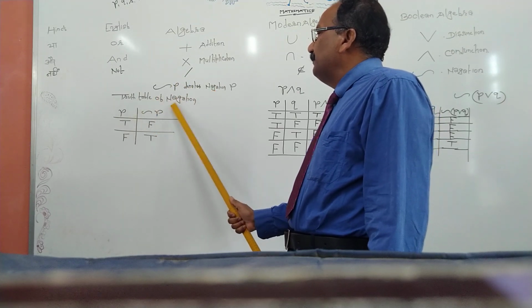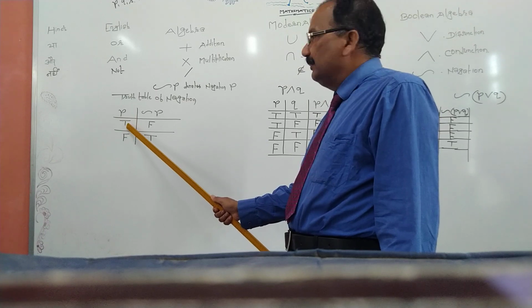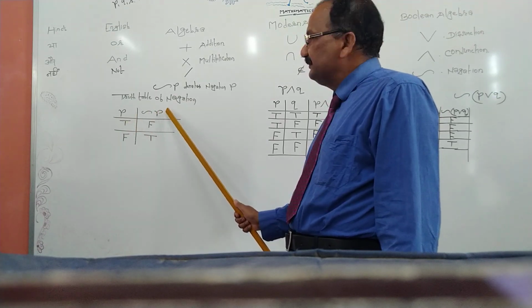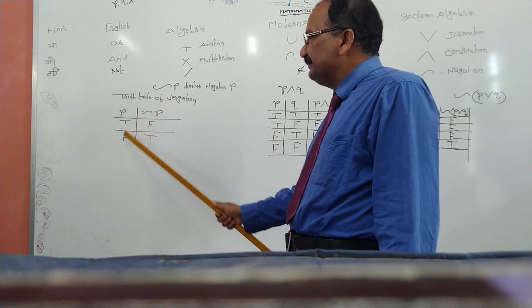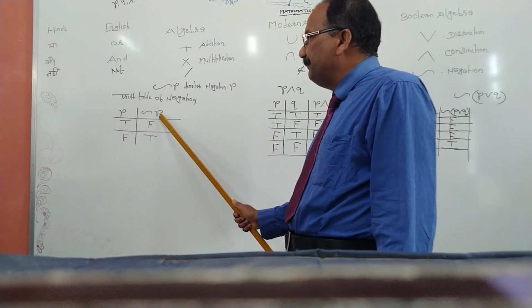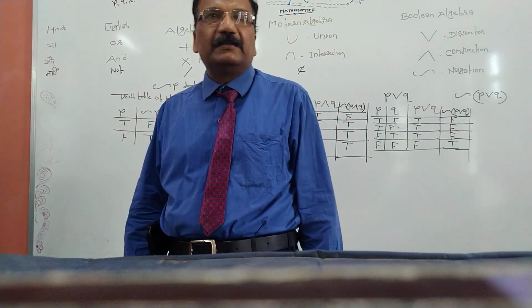The truth table of negation: if p is true, then negation is the reverse, false. If p is false, then negation of p will be true. This is the truth table of negation.